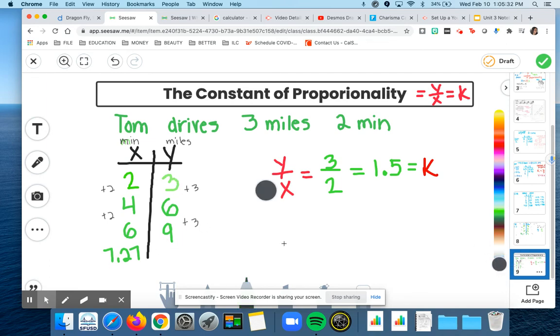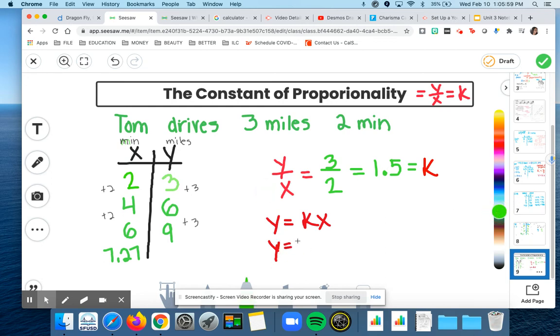Well, I can use the constant of proportionality. There's an equation that says Y equals K times X. And in the same way, that's where you get Y divided by X equals K. So I'm going to plug in. Do I know Y? No, I don't know Y, so I'm going to leave it as Y. But I do know K, the constant of proportionality.